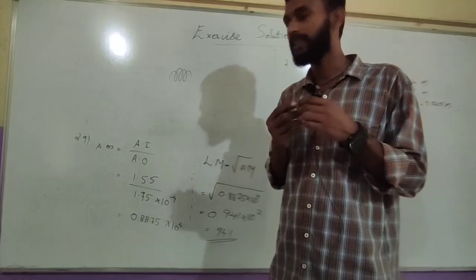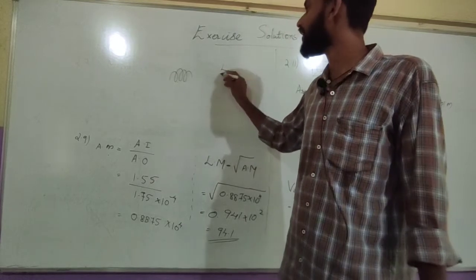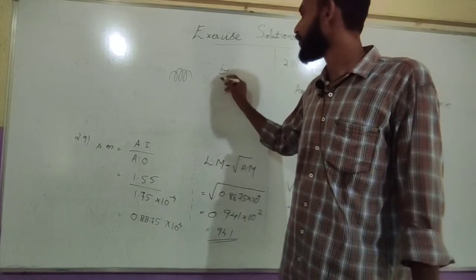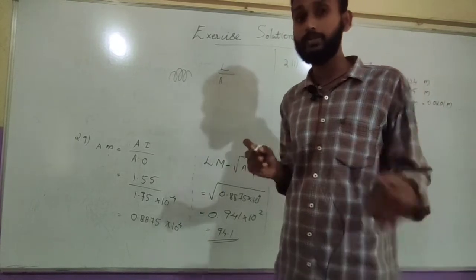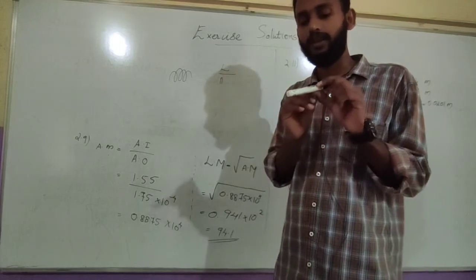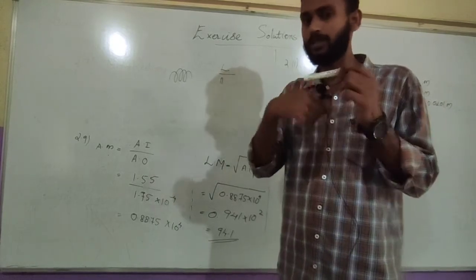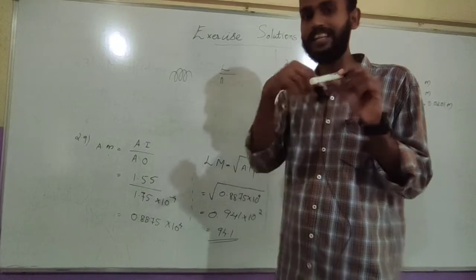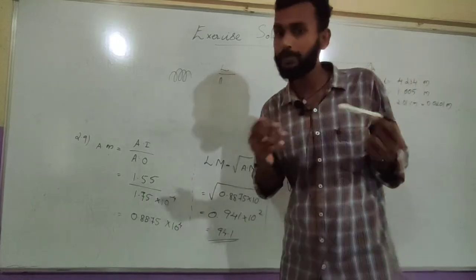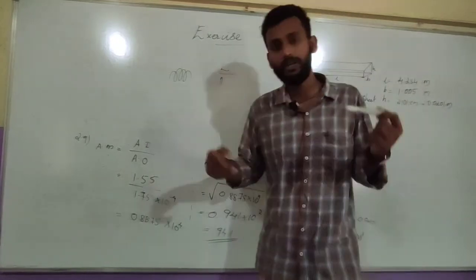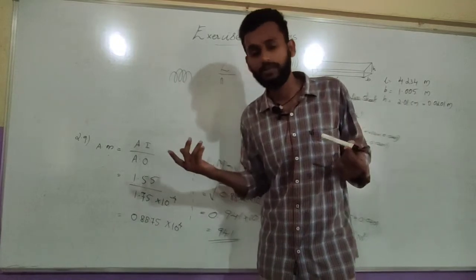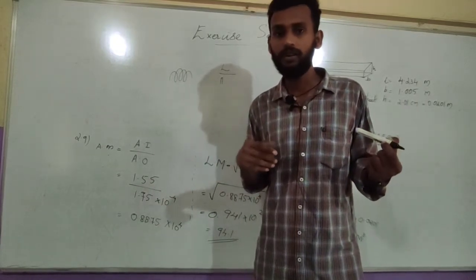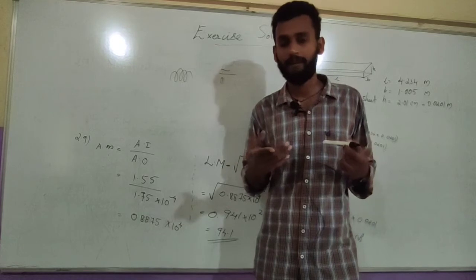If you divide the obtained length by the number of rounds, then you can obtain the length of one round, one circle. That is actually the diameter of the thread. In such a way you can find out the diameter of a thread with the help of a meter scale or a centimeter scale.